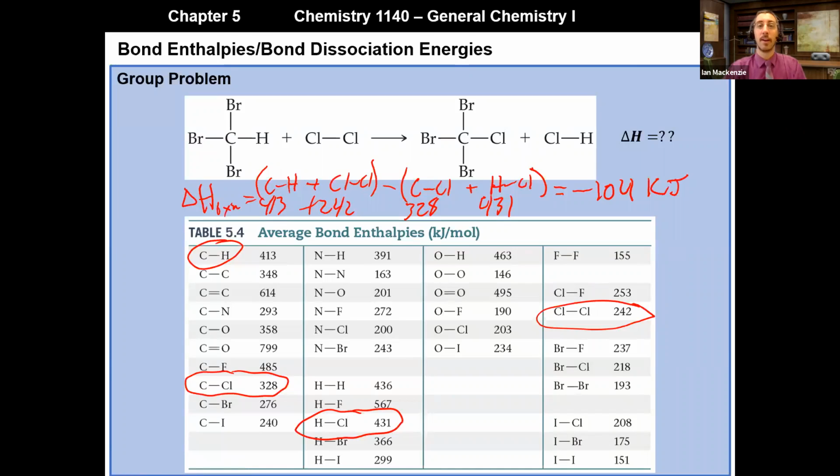And the CCl bond here will not be exactly 328 kilojoules per mole, but it will be close to that. And so this allows us at least a close approximation of what the overall reaction enthalpy would be, just using tabulated values for average bond enthalpy.